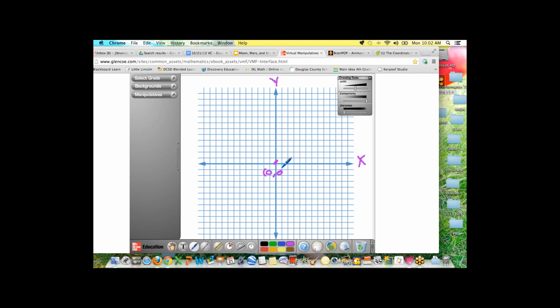Yeah, exactly. All right, this point that I just labeled right there is the point 0, 0, because I have not moved at all. I have not moved over and I have not moved up or down. So that point in the very center will always be 0, 0. So just keep that in mind. Let's get a different color.